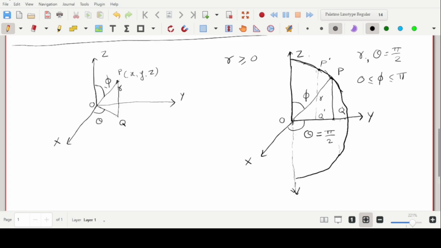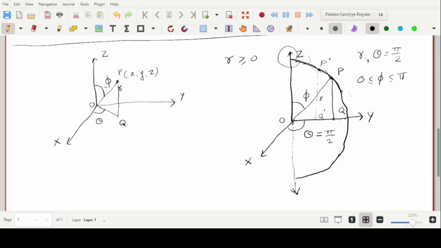Now think of rotating this semicircle in 360 degrees. So it's like completing one full revolution in this way. What would we get? We shall get a sphere, a hollow sphere of radius r. And what is happening when we rotate this semicircle?